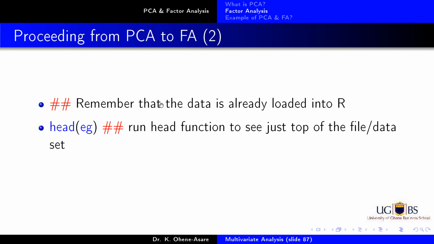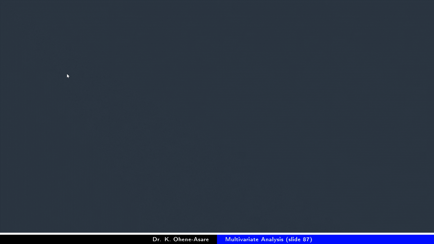Because you want to be sure that the data is there. Do you remember that the name of the data we gave was EG? If your data is not there, I'm going to show you the Excel of the data.